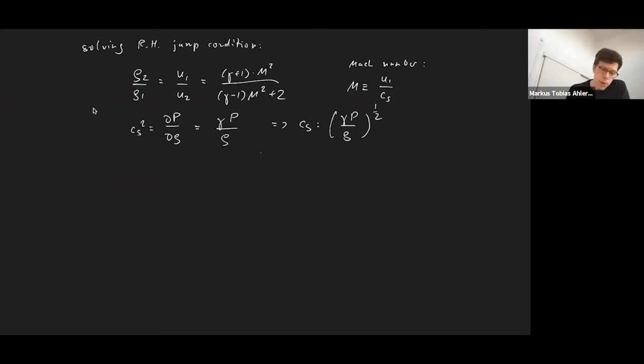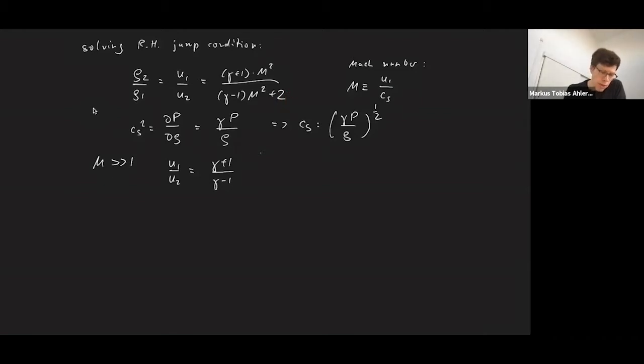And in the case of a strong shock, meaning that the Mach number is much, much larger than 1, you can see that the ratio of the upstream velocity over the downstream velocity is going to be gamma plus 1 over gamma minus 1. So you can basically omit this additional factor 2 here.